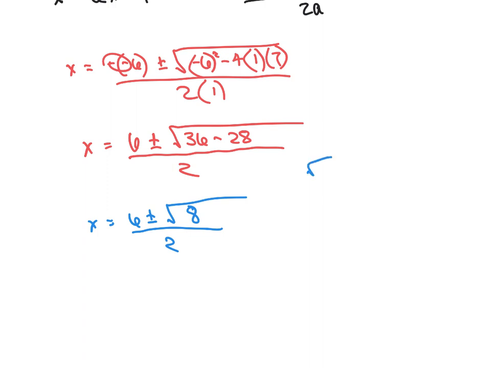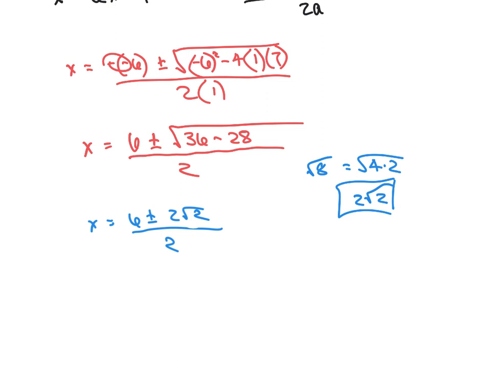Now we look at the square root of 8, and that can be reduced to 4 times 2. Take the square root of 4, and that is the reduced version of the square root of 8. So let's go ahead and write that as 2 square root of 2 then. Okay.